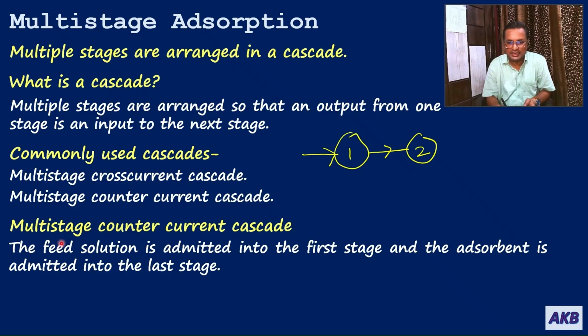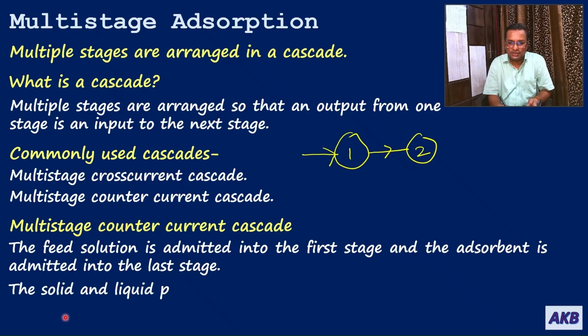First, you just understand. In a typical multistage counter-current cascade, the feed solution is admitted into the first stage and the adsorbent is admitted into the last stage. So, whatever number of stages are there in the cascade, feed solution is admitted into the first stage, whereas the adsorbent phase is admitted into the last stage.